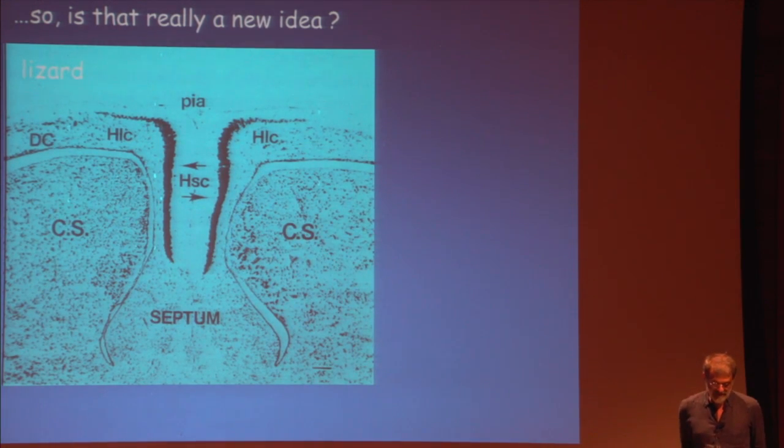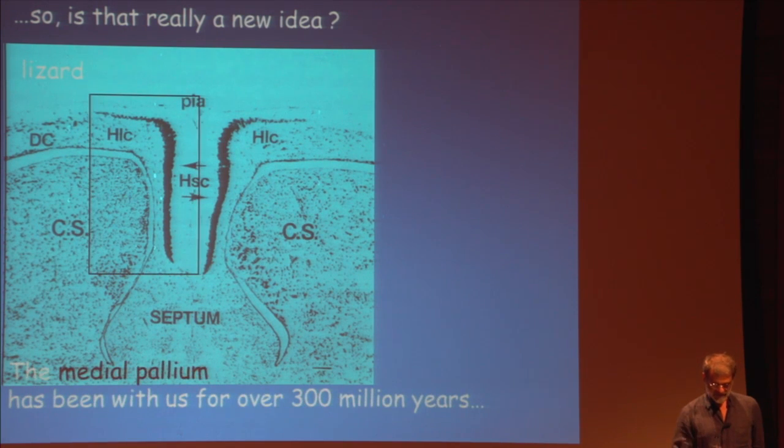But in fact, it's not that new, in that, as Yasser said, you can find it in modern reptilians. And it corresponds to this region of the medial pallium, the medial part of the dorsal aspect of the forebrain. So we can say it has been around for maybe over 300 million years.